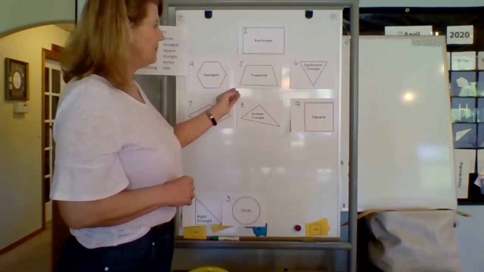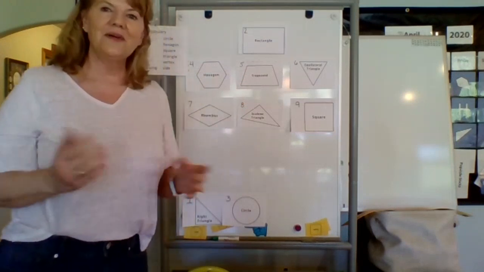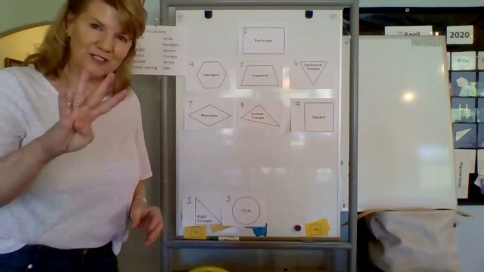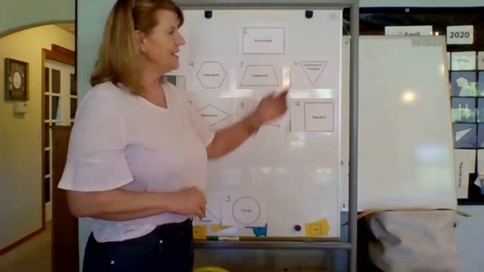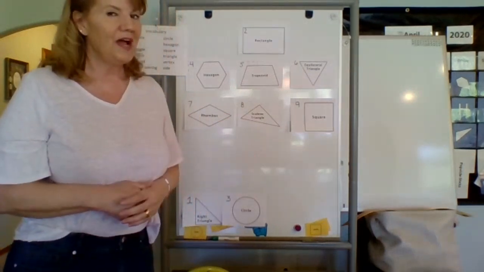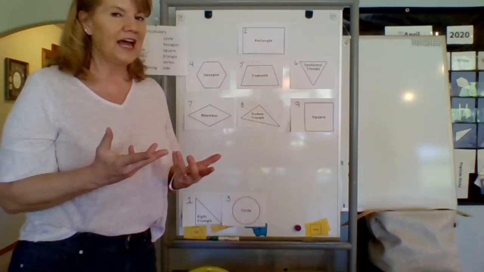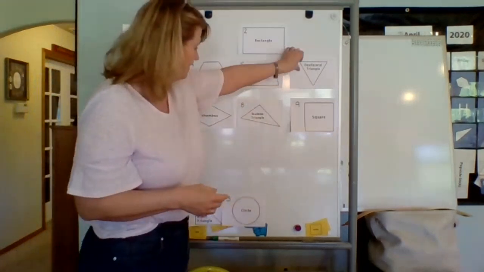And then there's the trapezoid. How many sides does the trapezoid have? The trapezoid has 4 sides, and so we're leaving that up. The equilateral triangle. How many sides does a triangle have? Whether it's an equilateral or a scalene, it still has 3 sides.